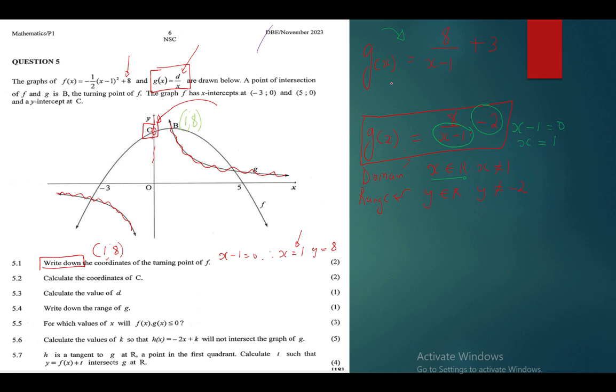You have to know that a hyperbola has two axes of symmetry. Let me start with the one with a positive gradient, which is also called the increasing function. It's easy to find.